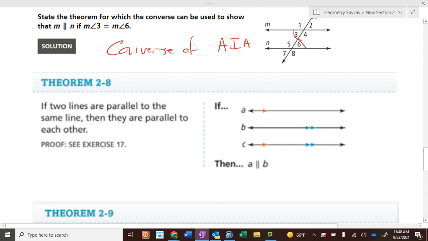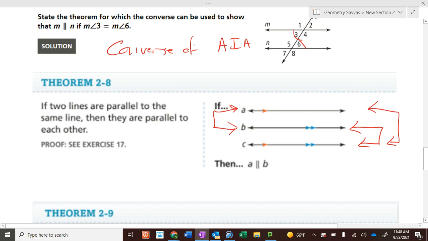Okay? Now, this little theorem here says if these two are parallel to each other and these two are parallel to each other, that makes these two parallel to each other. Okay? By the transitive property.